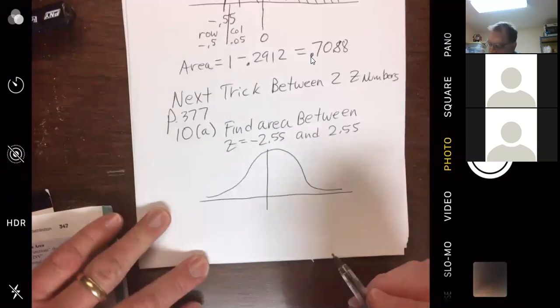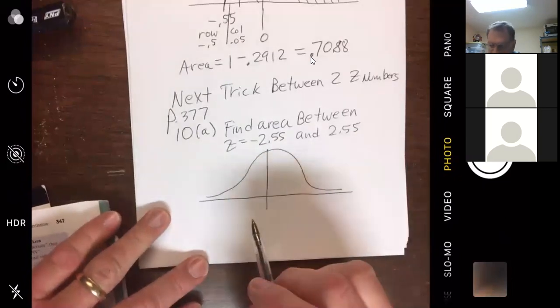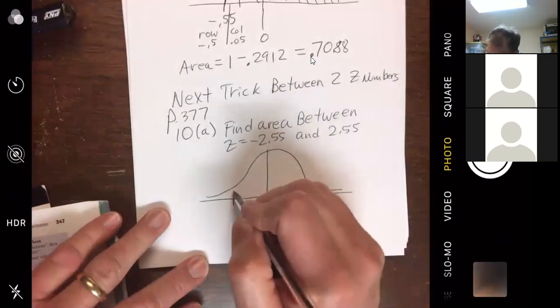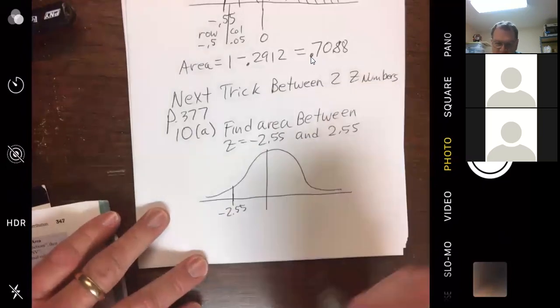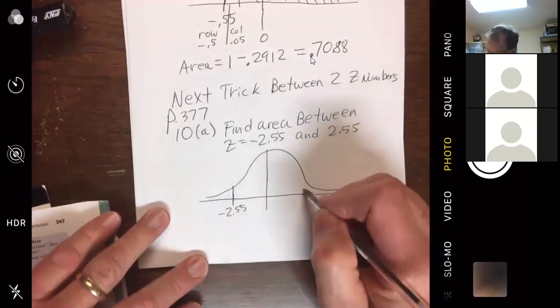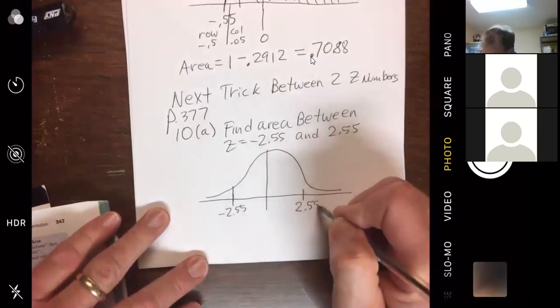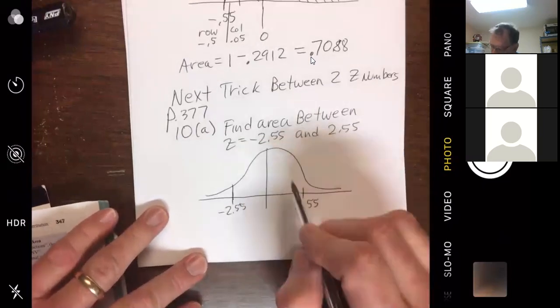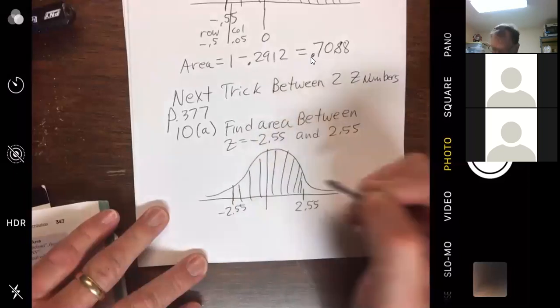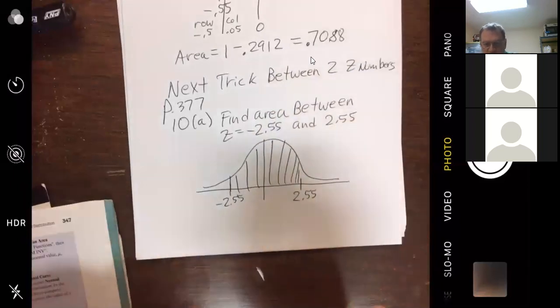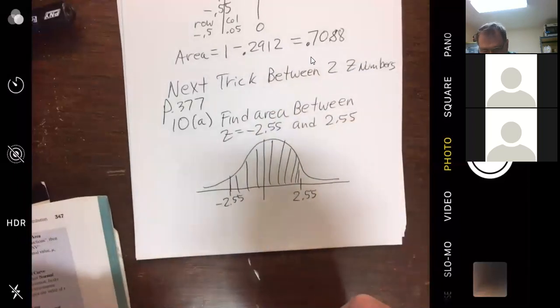Which side is negative 2.55? Left side. Which side is positive 2.55? Right side. You want to go between them, having a sliver of area between those. Questions about the setup?